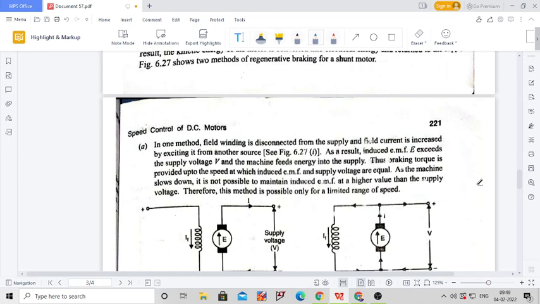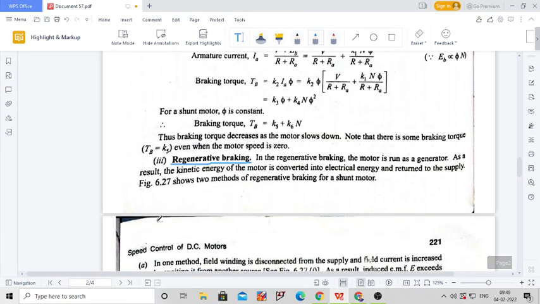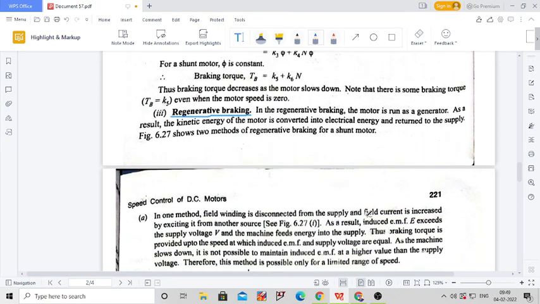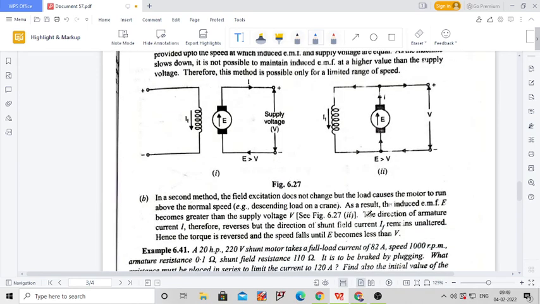So that is actual regenerative braking. In drives and control, you will study this regenerative braking in detail, how we implement it for actual machine drives.